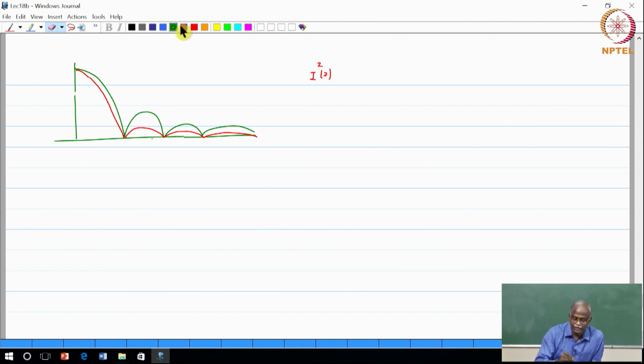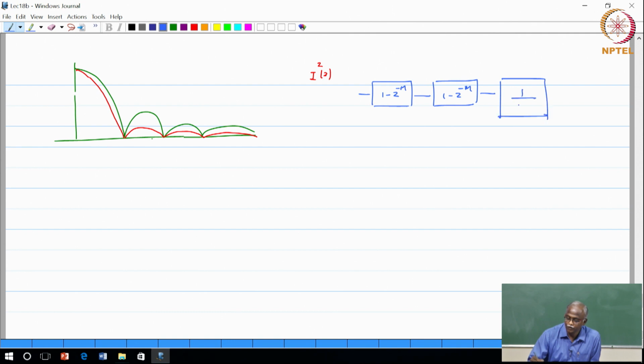Actually it does, because I can write this in the following form: 1 minus z power minus m, cascaded with 1 minus z power minus m, cascaded with 1 over 1 minus z inverse, 1 over 1 minus z inverse, and upsampling by a factor of m.